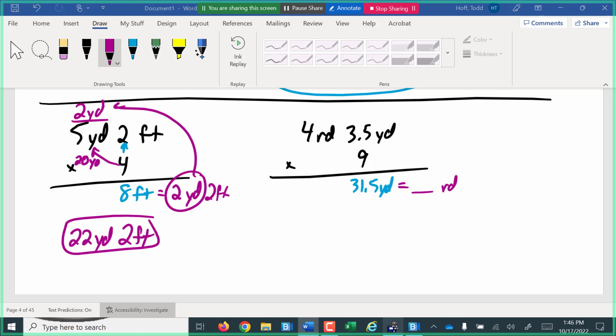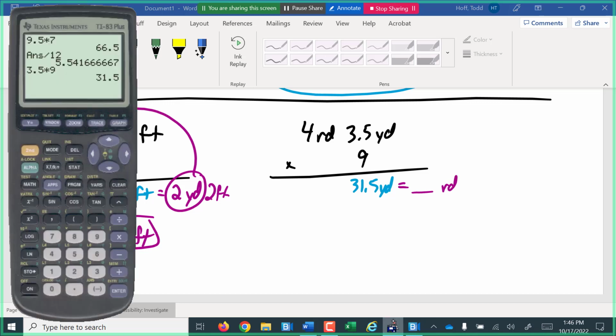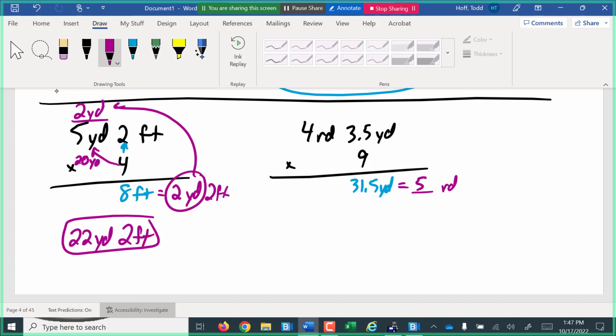Well, if I did 31.5 divided by how many yards in a rod again? It's 5.5 yards in a rod. So we've got 5 here, which tells us that this is 5 rods. Now, if I want to know how many yards are left over, I do 5 times 5.5, which is 27.5 yards that are used up here.